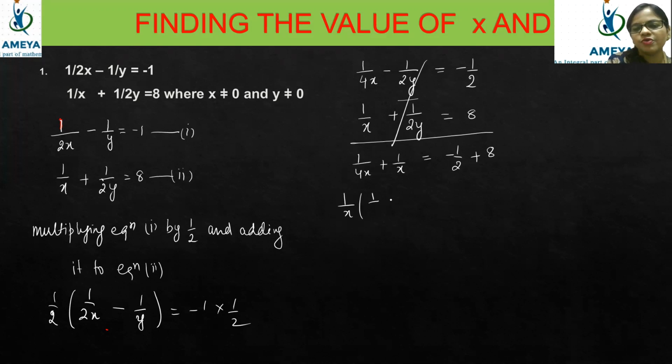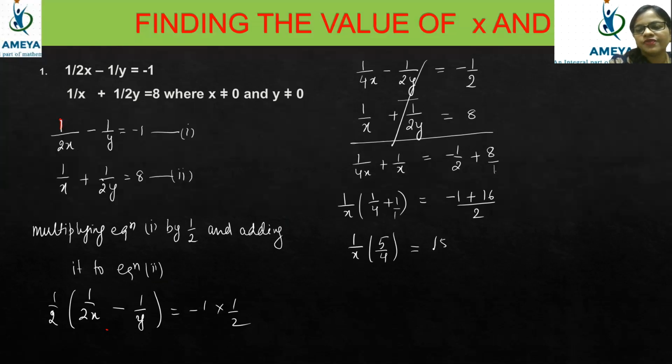So 1 by 4 plus 1 equal to minus 1 plus, take LCM, cross multiplication, 1 into minus 1, minus 1, 2 into 8 is 16 by 2. So here 1 by x, this one will become, again take LCM, 4 plus 1, 5 by 4 equal to 15 by 2. So shift this 2 and this one.